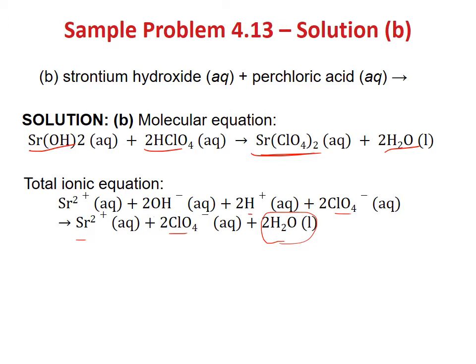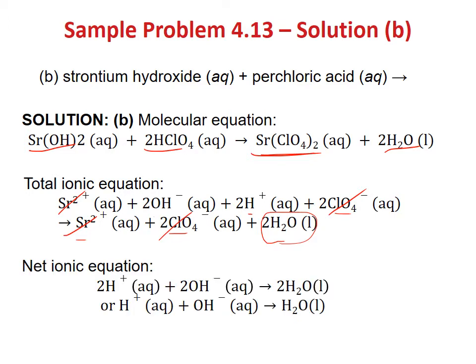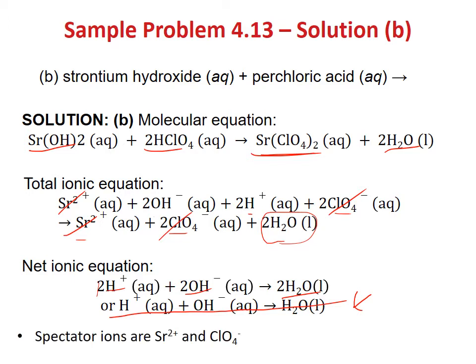So we see strontium is a spectator ion, and perchlorate is a spectator ion. What is left is 2 hydrogen ion, 2 hydroxide ion, 2 water. So we divide by 2 and we get this final net ionic equation. Again, the same as the last one, right? Because it's a strong acid, strong base reaction, and all substances are soluble. So its net ionic equation is just hydrogen ion plus hydroxide ion forms water, and the spectator ions are strontium ion and perchlorate ion.